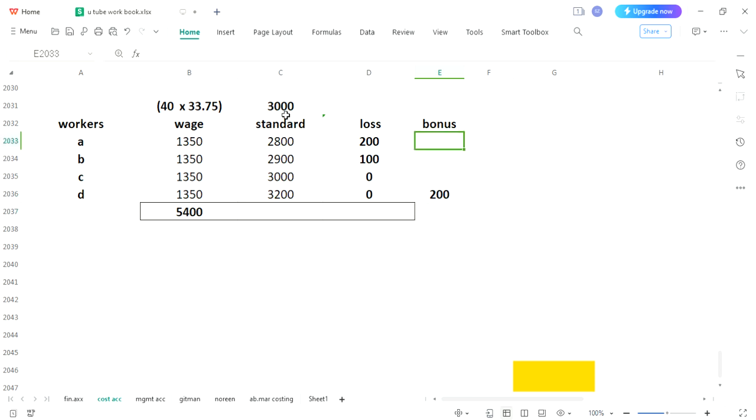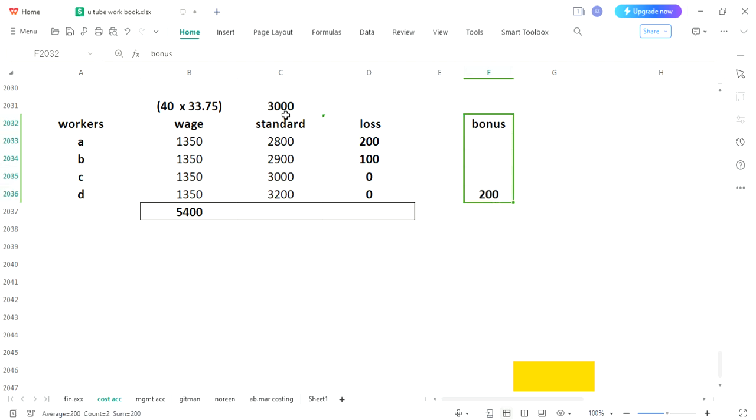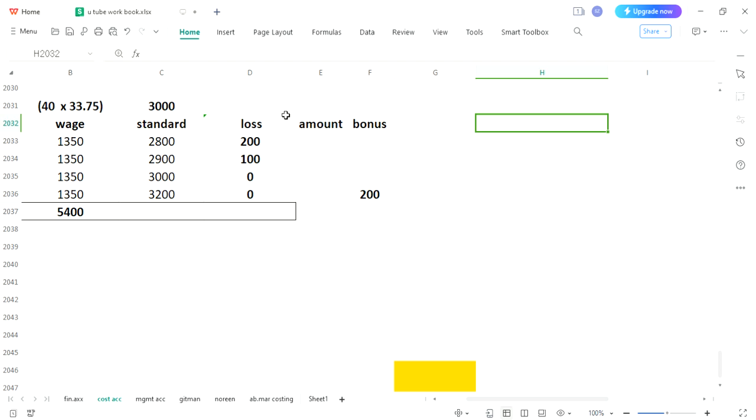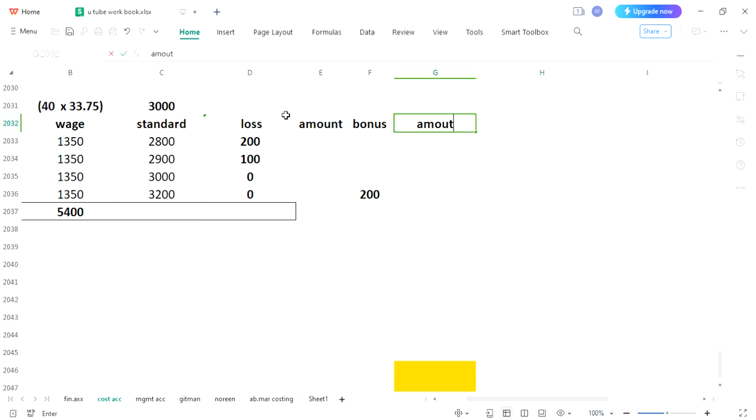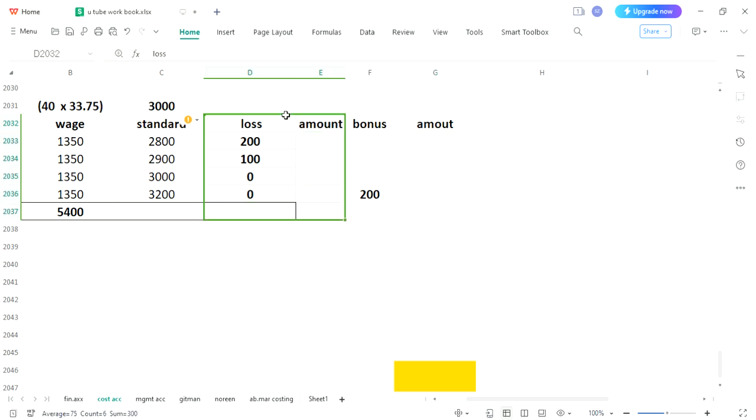Now what we will do, we will calculate amounts of these bonuses. First we will calculate amount for lost units, and then we will calculate amount for bonus as well. So these two factors would be similar and we will calculate their amounts.